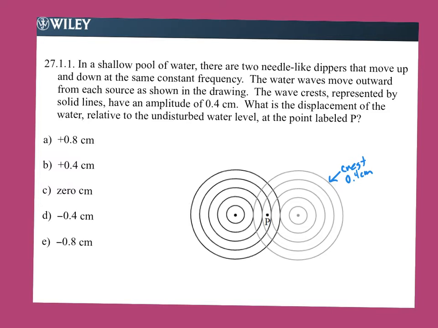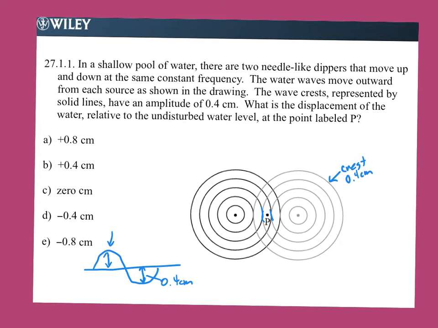Now, if the crest is 0.4, so if I have my line here, if the crest has an amplitude of 0.4, then that means that the trough down here should also have an amplitude of 0.4. Now, why is that important? Because P is right in between those 2 gray lines, and it's also right in between the 2 black lines, which means that it's actually going to be 2 troughs that are meeting up.